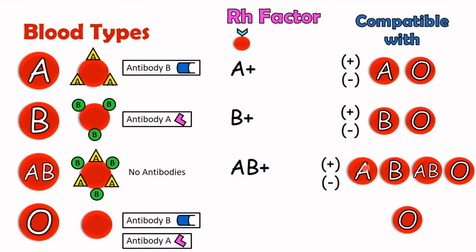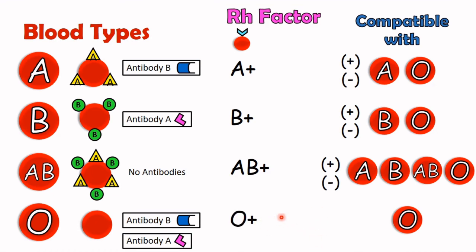So it can receive from A positive, B positive, AB positive, O positive, and it is also compatible with A negative, B negative, AB negative, and O negative. So AB plus can receive from all these types of blood. Okay, and then the last one is O plus.